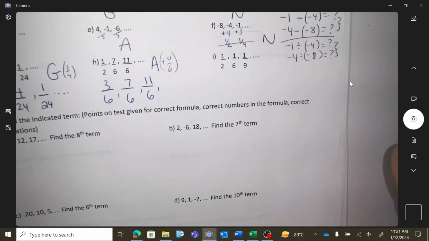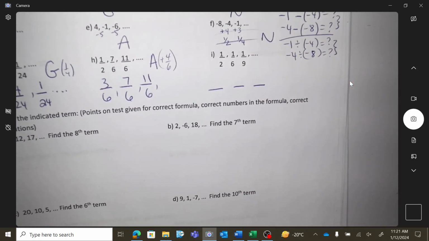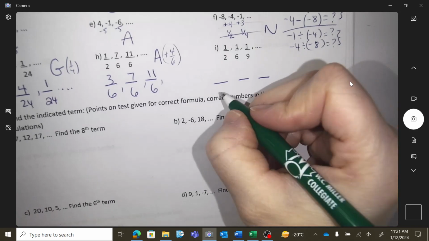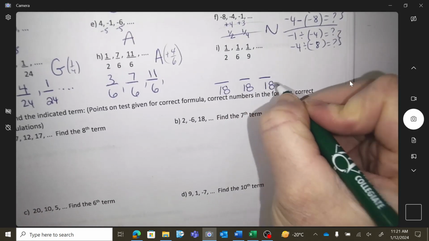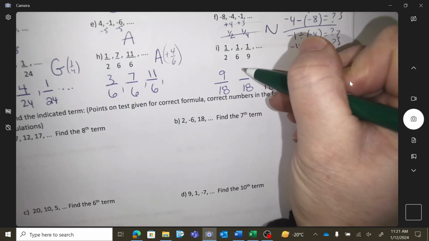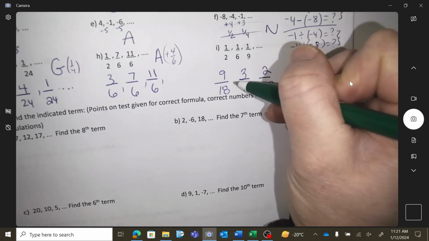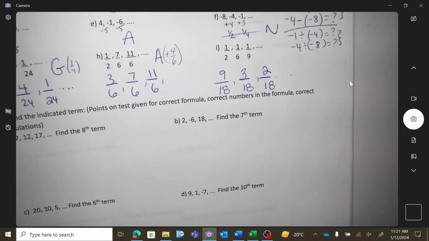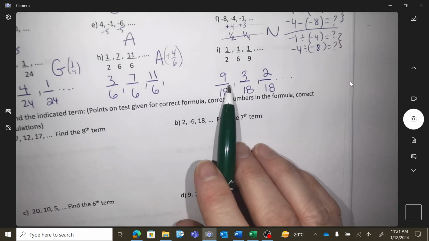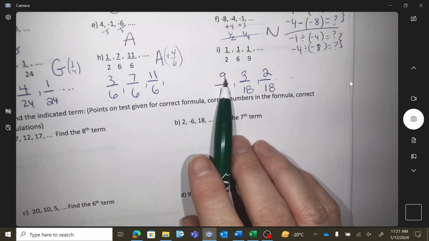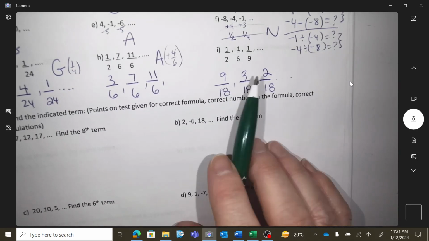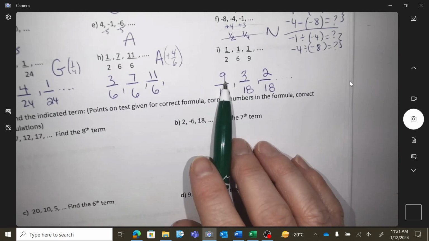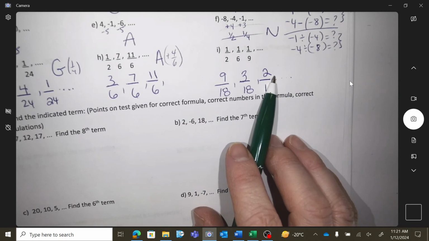Okay, the last one here, maybe if we write them all over the same number, we can see something. Is there anything I can use as a number with them all? 18? Okay, now if I look at the tops, would you be able to add in a pattern?